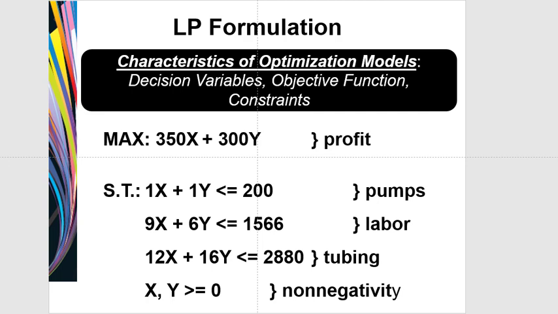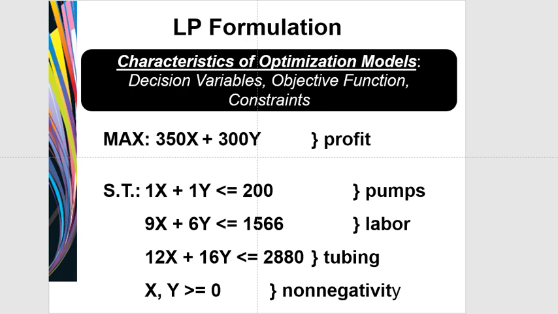And we were further told that during the process of manufacturing, these are the constraints that the company will face. The company is faced with a constraint that they only have 200 pumps available. In the problem description, we were told that each hot tub that they manufacture requires 1 pump each.